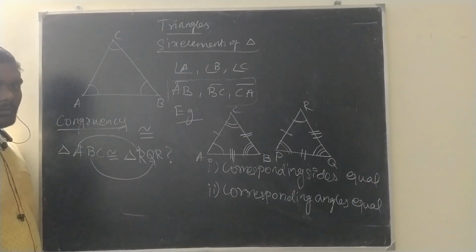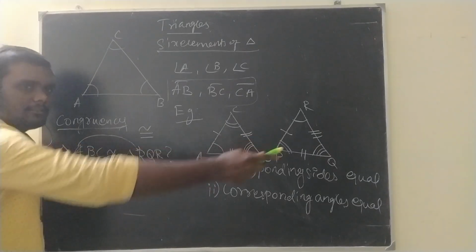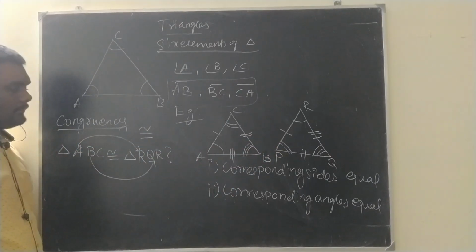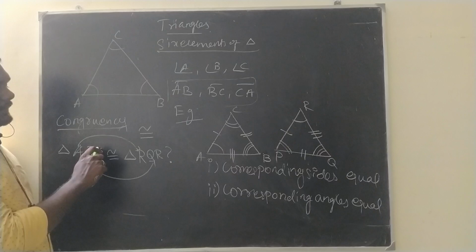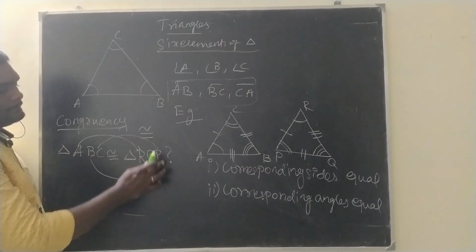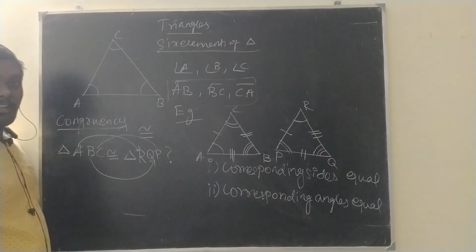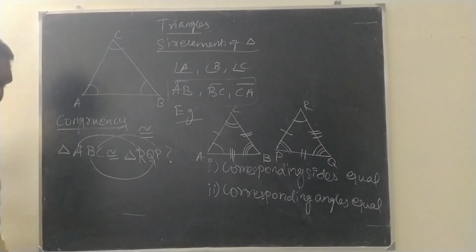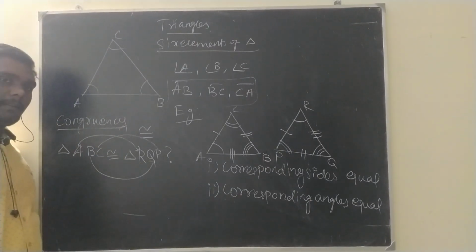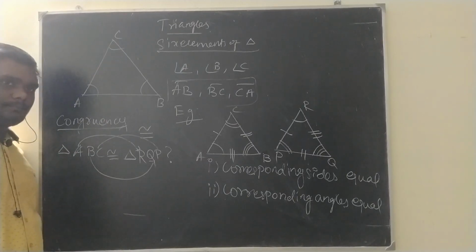Yes. B is equal to Q, here 3 lines, there are also 3 lines, meaning it is equal. C should be equal to R. Is it? Not only this. This is angle correspondence, angle congruency.